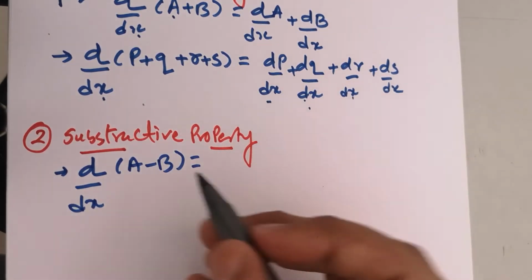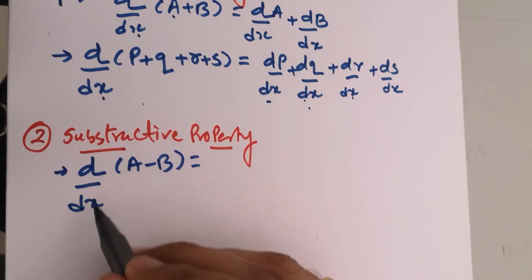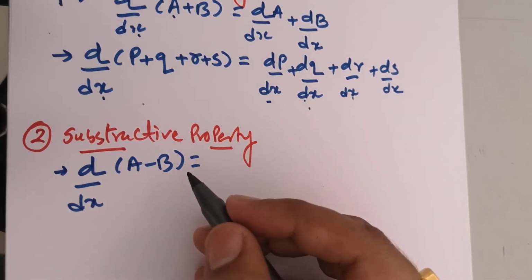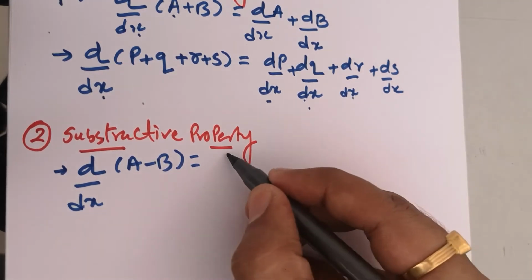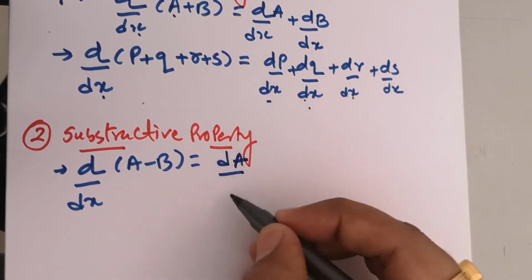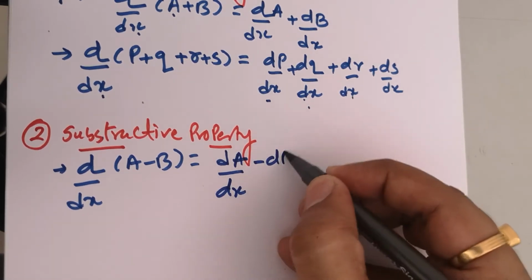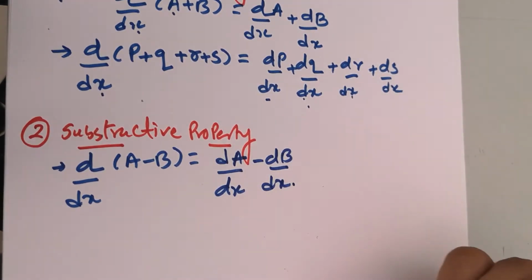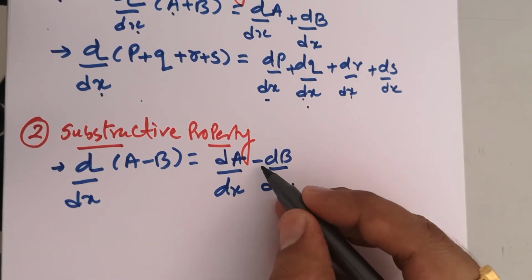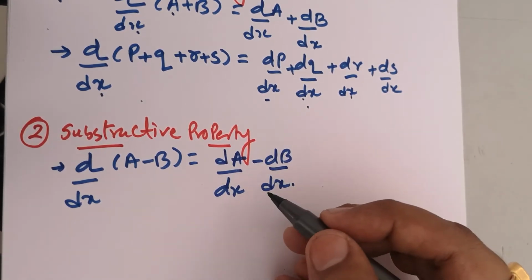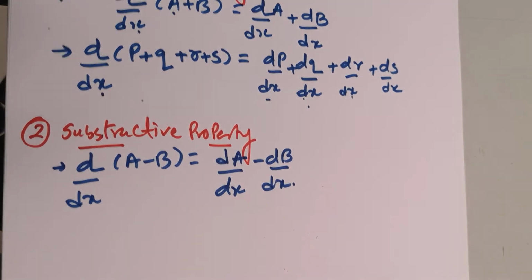You can read it as a minus b is differentiated with respect to x, but you know that a minus b cannot be differentiated directly. So we separate it out: dA by dx minus dB by dx. We have applied the mathematical subtraction rule, that is the negative sign, which is why I have placed my negative sign. This is the general term I have mentioned.